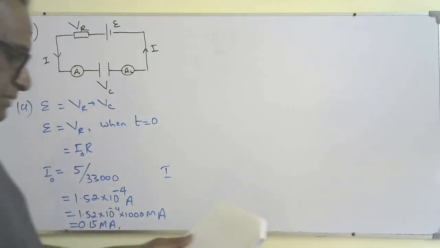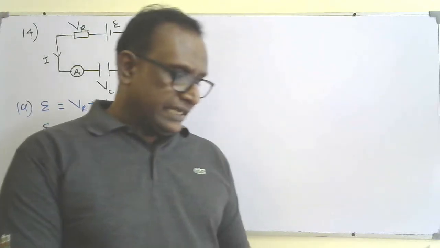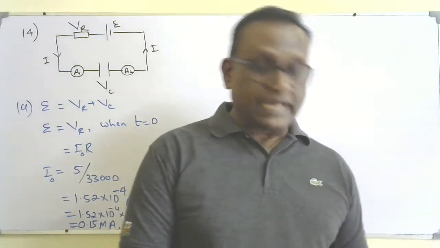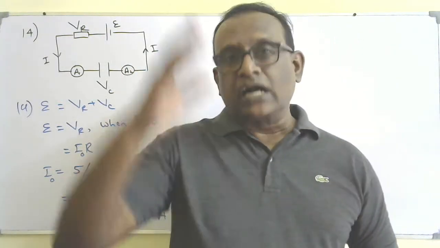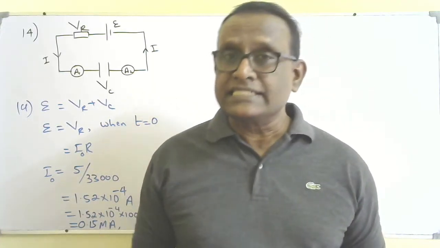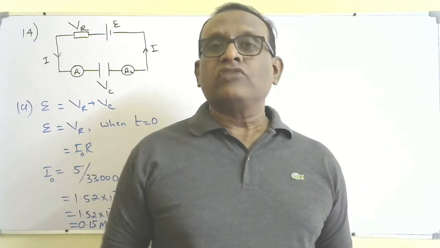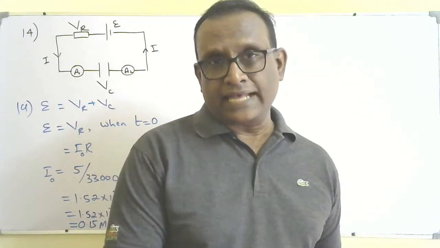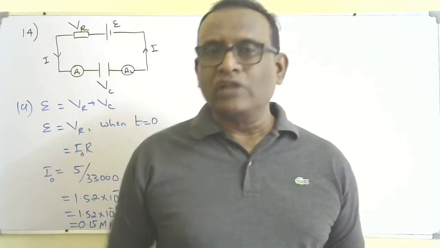B part, explain how the current on ammeter A2 would vary over the same time interval. They have given a graph for ammeter A1. Actually A1 and A2 are connected in series, so the variation of A2 also will be the same as the variation of A1. You know that O-level knowledge.